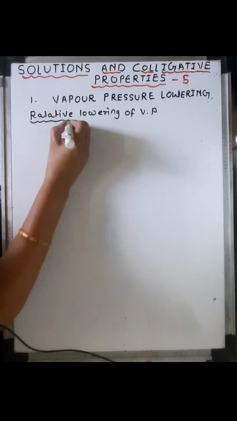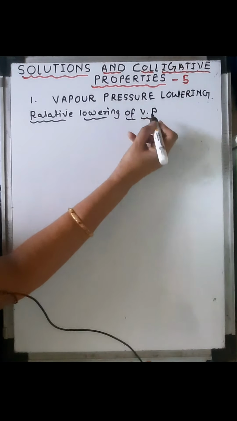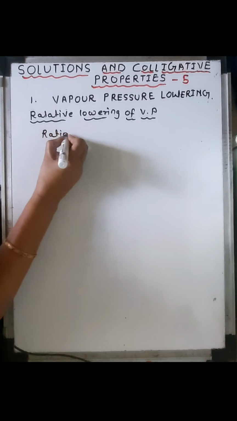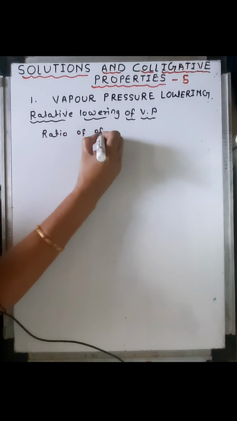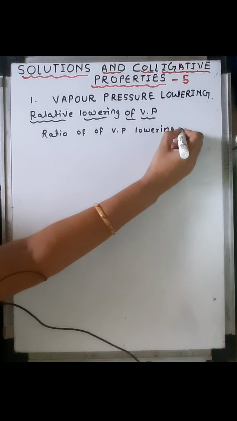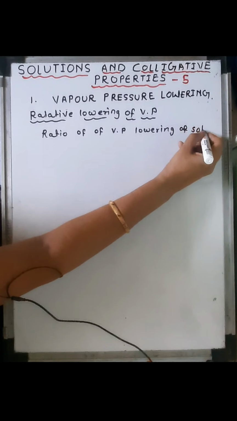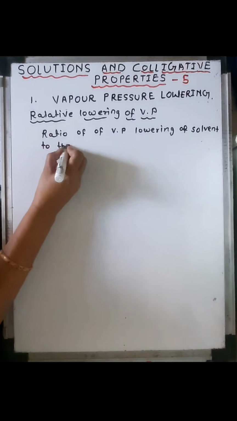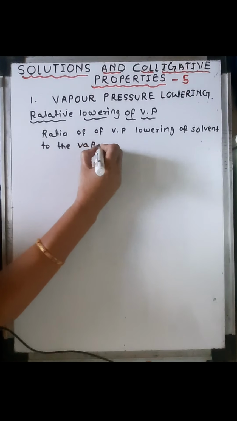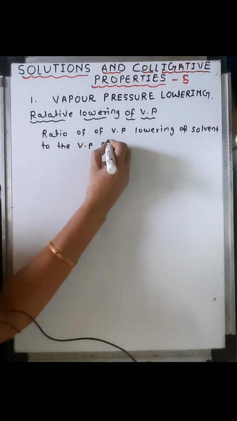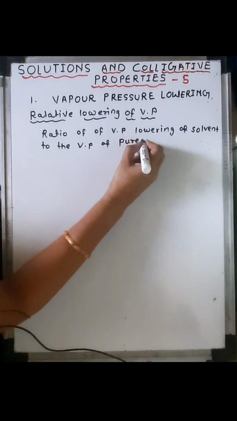Relative lowering of vapor pressure is the ratio of vapor pressure lowering of solvent to the vapor pressure of pure solvent.